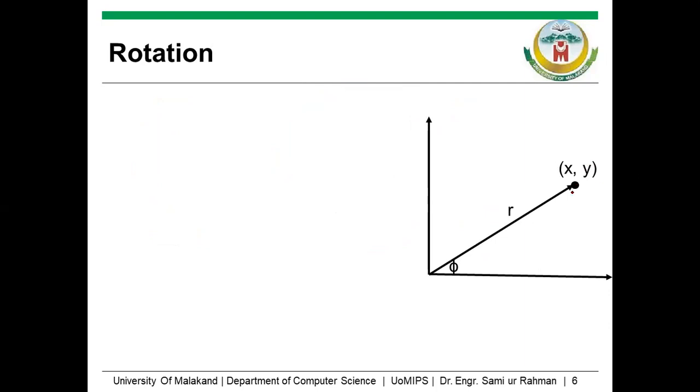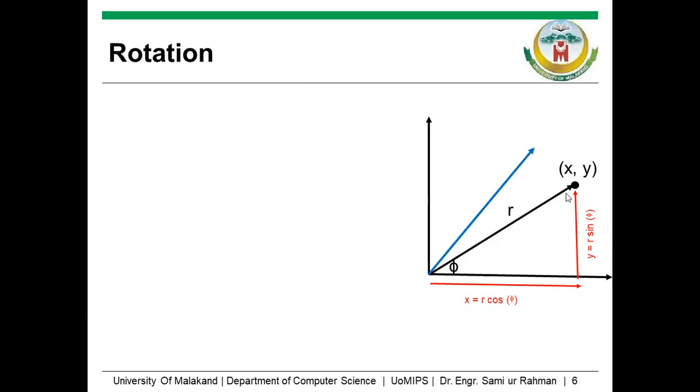This xy can also be represented by this angle with this vector. And we have already learned in our school mathematics that this can also be represented by this decomposition of this vector. So x is equal to r cos phi, and y is equal to r sin phi. So this is the decomposition of this vector.